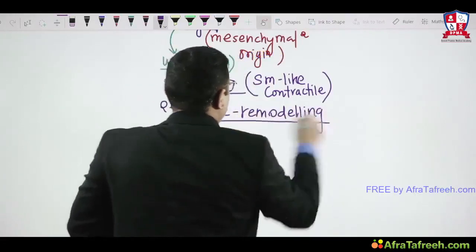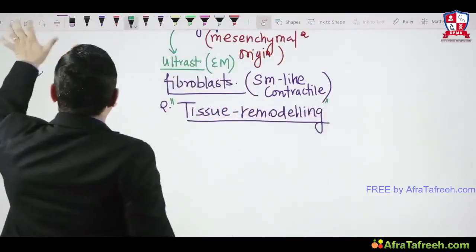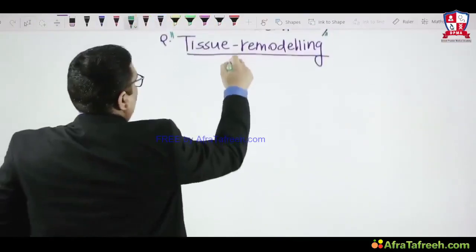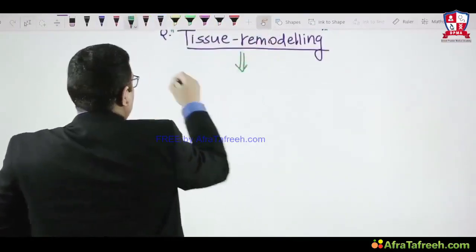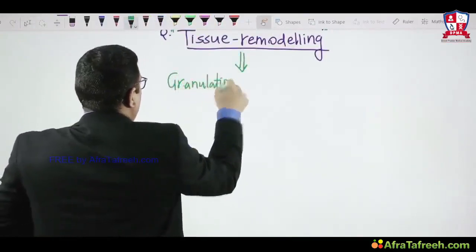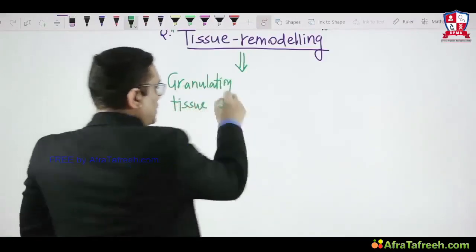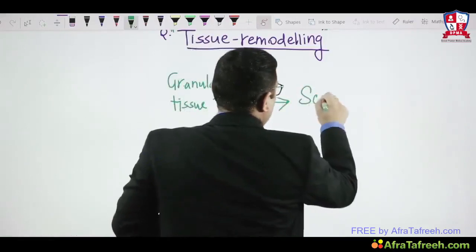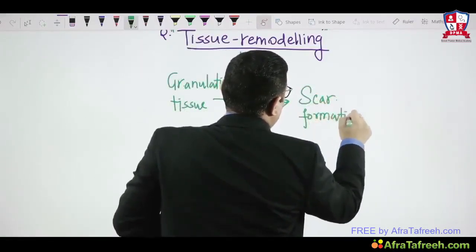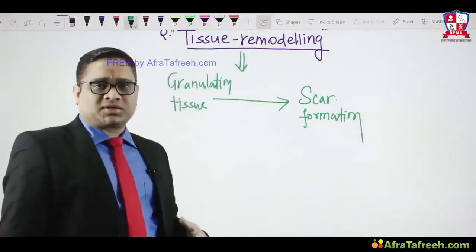What is tissue remodeling? The basic question is, what is tissue remodeling? Tissue remodeling is conversion of granulation tissue to scar formation. Granulation tissue to scar formation is called tissue remodeling. That's all.